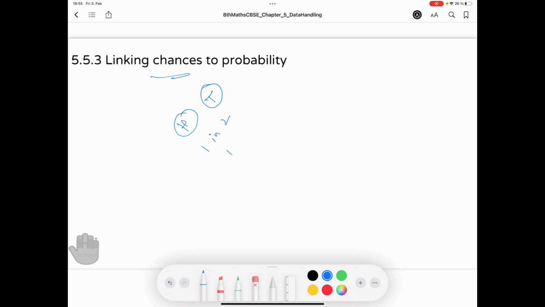The probability is 1/2 for head, and 1/2 for tail. This is how chances and probabilities get linked. We have already seen it in the previous subsection.